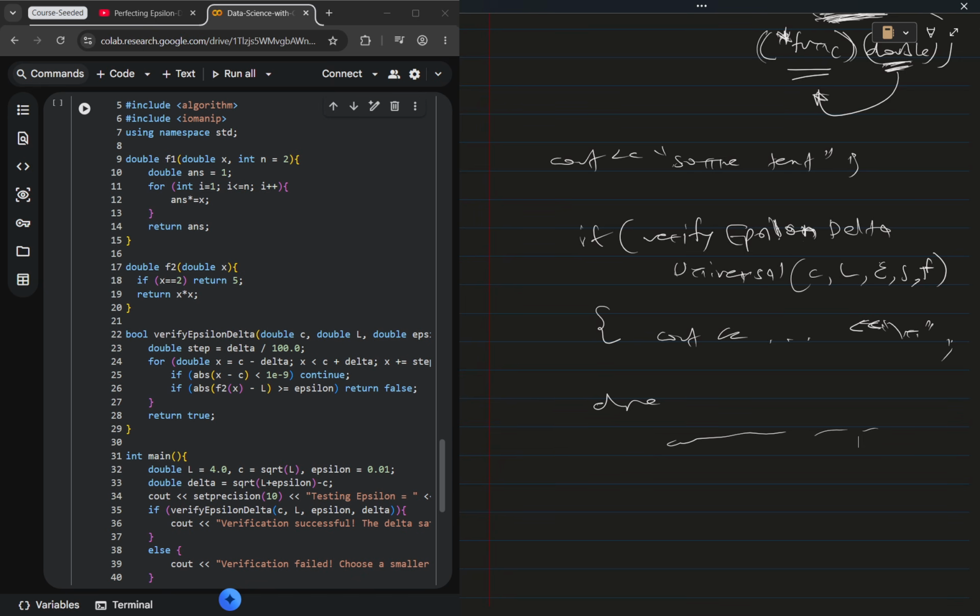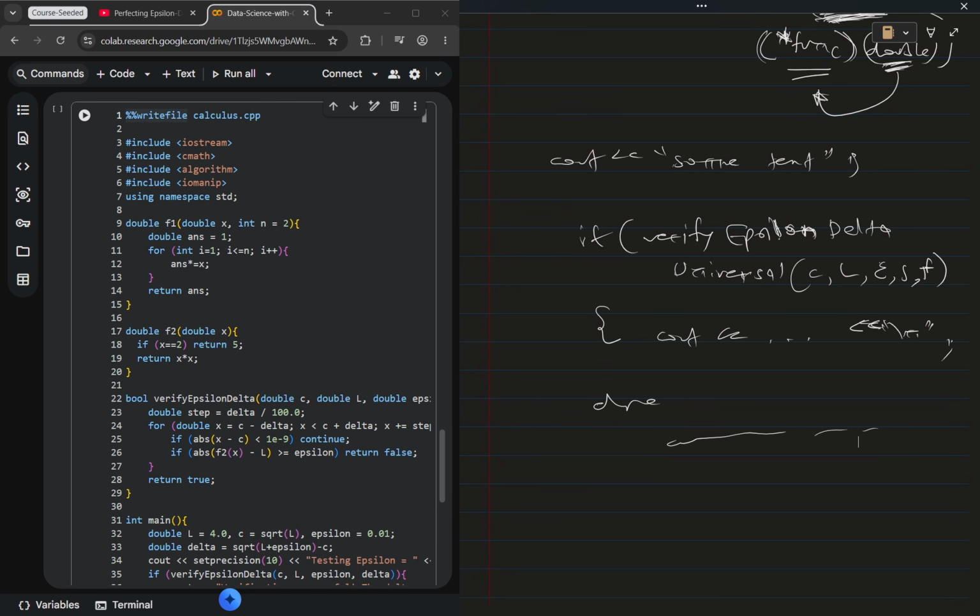Okay, so let's start with the functions. Let's say this was f1, this was f2. Let's change f2 to the absolute of x minus 2.0, then we have our less than symbol.